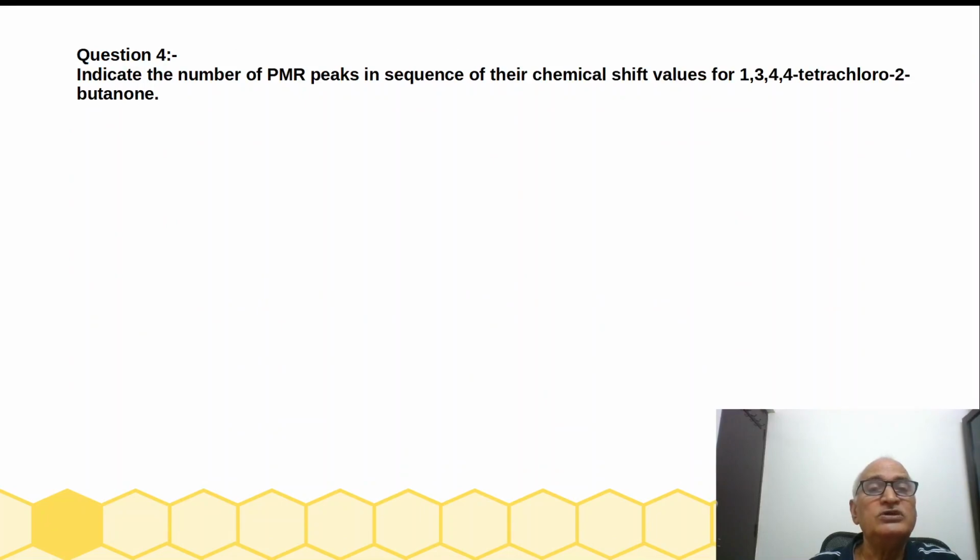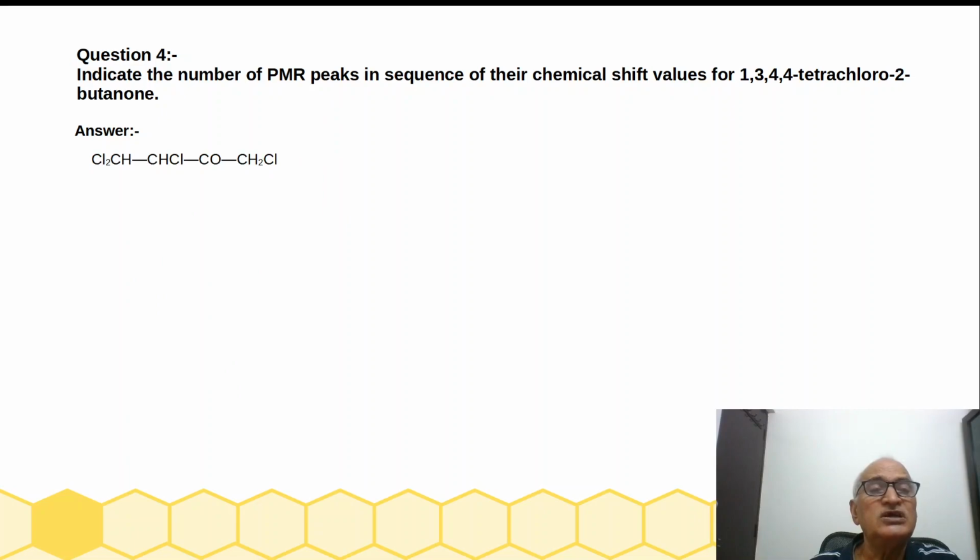Now I am going to read you question number 4. Indicate the number of PMR peaks in sequence of their chemical shift values for 1,3,4,4-tetrachloro-2-butanone. The compound name is 1,3,4,4-tetrachloro-2-butanone. The structure of the compound is shown here.